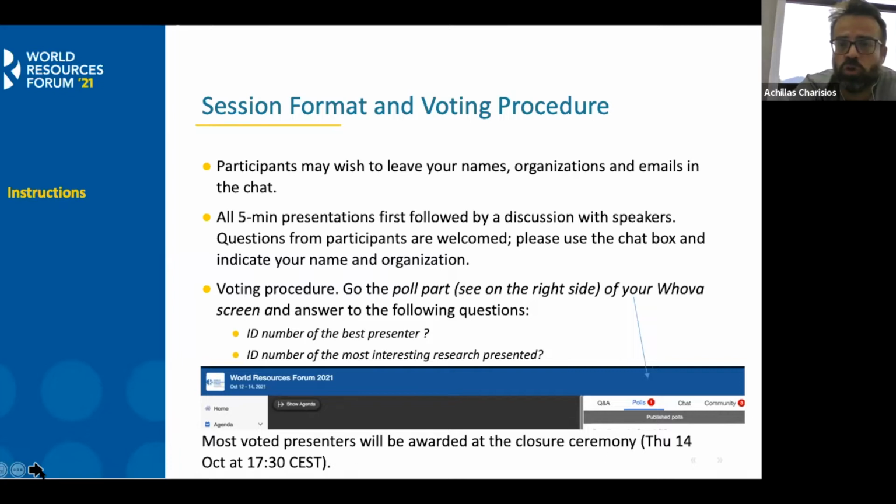There is also a voting procedure. If you go to the website of the World Resources Forum, you will see that, as you see in the bottom right side of the slide, there is a poll.